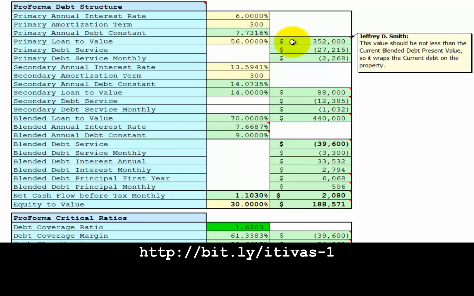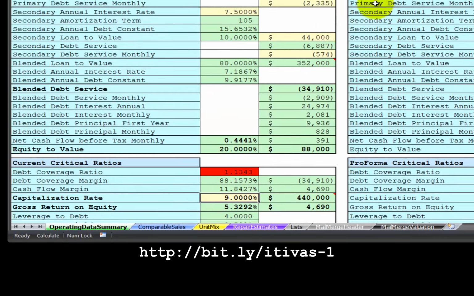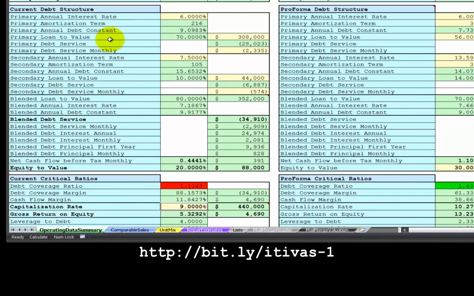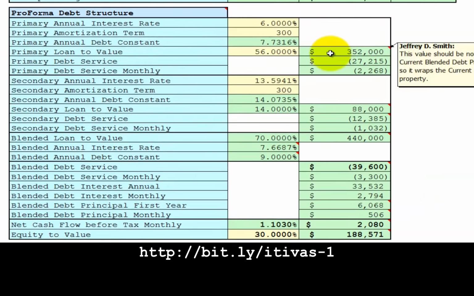You'll see here that $352,000 is equal to the blended loan-to-value, so we're wrapping the existing first and second debt, which is combined at $352,000, over here. And then we are wrapping the equity to value of $88,000 with a secondary note. The blended loan-to-value is 70%.